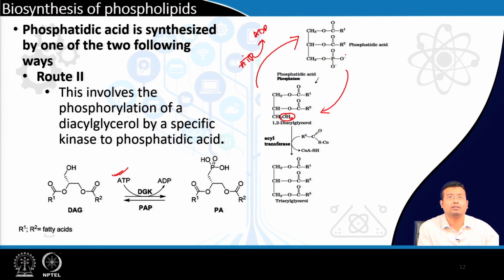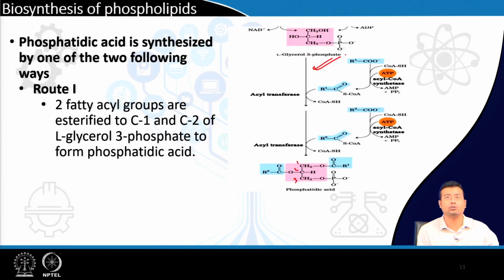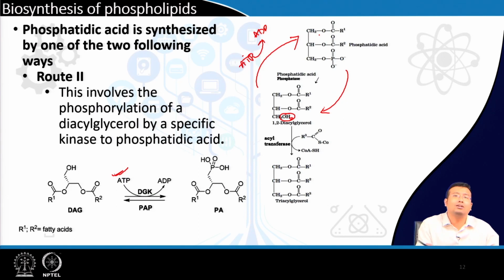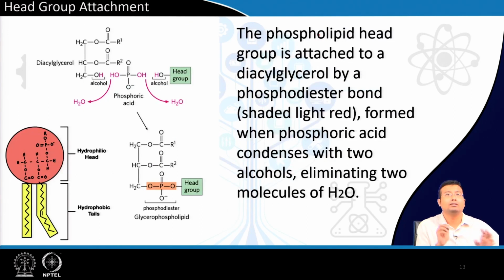So, 1,2-diacylglycerol is converted to phosphatidic acid. Either we replace the OH group, where the phosphate group is already present, with an acyl group, or acyl groups are present and we insert the phosphate group. In any way we have to get phosphatidic acid.